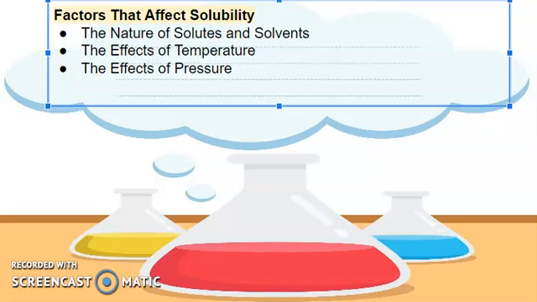Second factor is the effect of temperature. Most solids become more soluble in liquid solvents as the temperature rises. There are only a few known solids that become less soluble in liquid solvents as temperature increases.